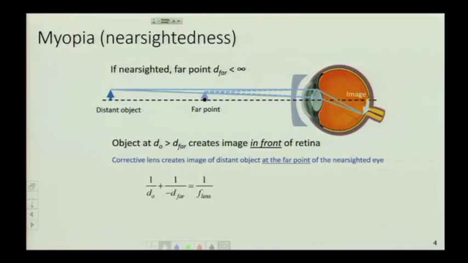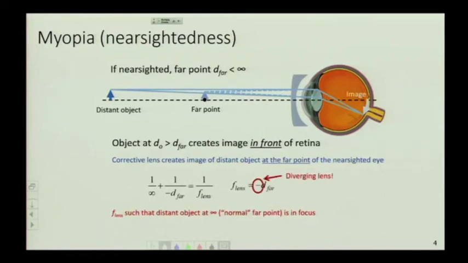Object distance, of course, you're trying to focus on an object that's extremely far away, so you can take object distance to be infinite. That means the corrective lens you need to use has to have a focal length basically equal to the distance to your far point, okay? Right, so this tells you the focal length of your corrective lens is the distance to the far point. The negative part of it tells you it has to be a diverging lens.